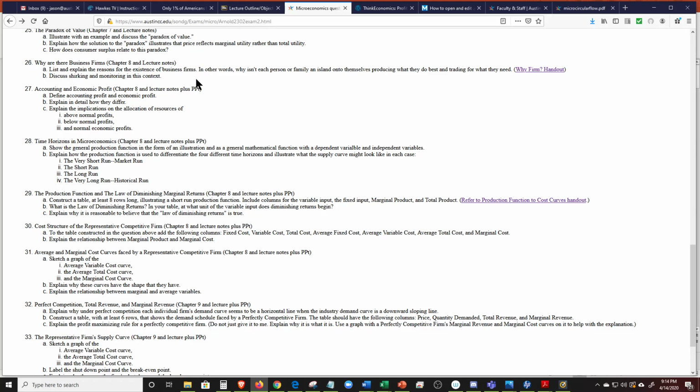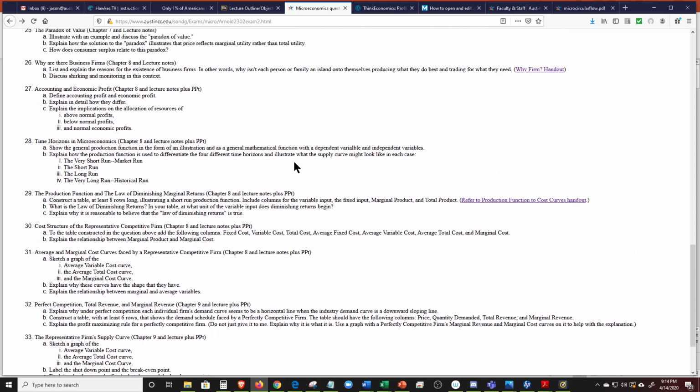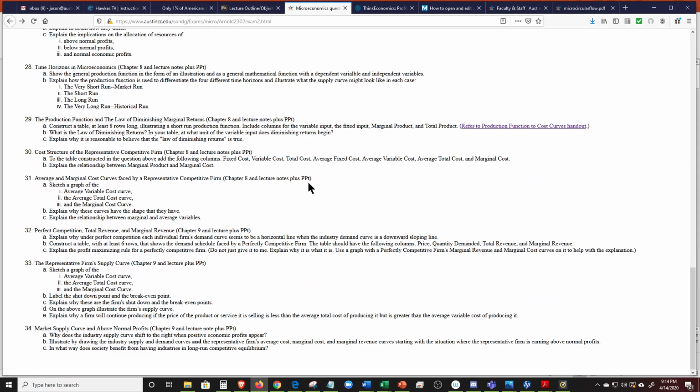So 26 through 34, which is this topic, all of those to get to the end. We've actually derived the supply curve in the previous two, but now we're going to talk about allocative and productive efficiency in a competitive market.